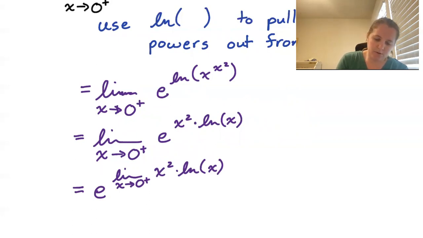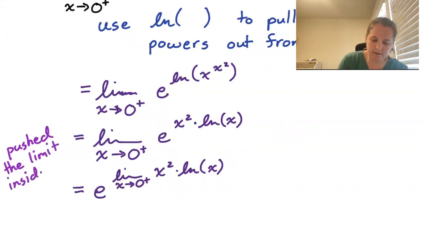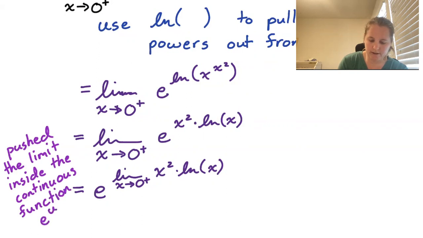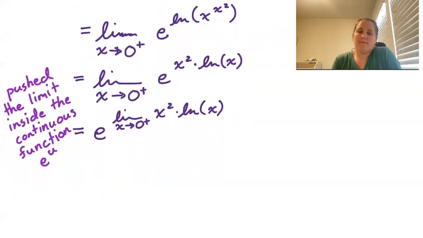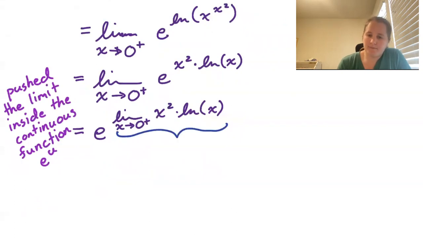So from here to here, we pushed the limit inside the continuous function. Essentially, we pushed it inside e to the u. So at this point now, we just need to evaluate that limit.